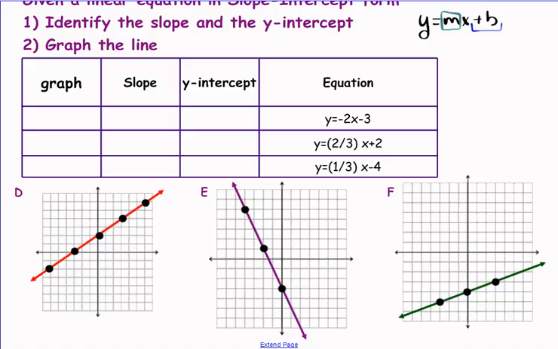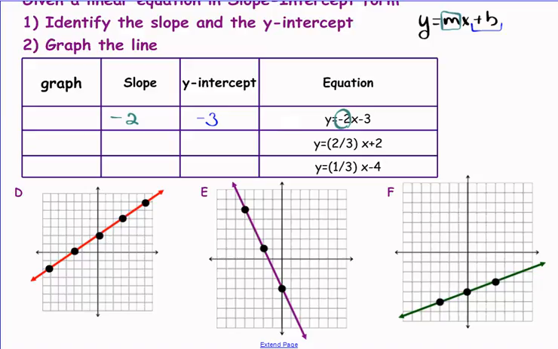So let's look at some examples here. Now, the first equation, y equals negative 2x minus 3. My slope is negative 2. My y-intercept is negative 3. Let's go down and do all of them, and then we're going to match them to our graphs.